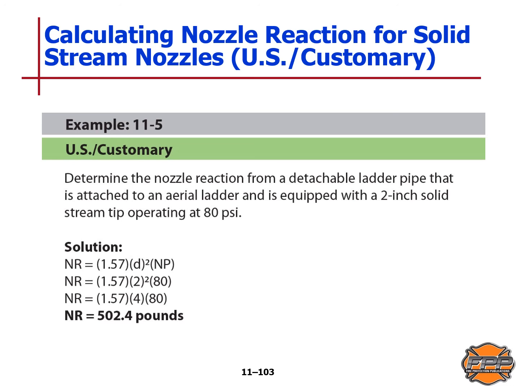Next line, you plug in your values. Nozzle reaction equals 1.57, your constant, times 2 because it's a 2-inch stream tip, squared, times 80 because it's 80 psi. You factor that out. Your next line gives you 1.57 times 4 times 80, and you multiply those together, and your solution is nozzle reaction is 502.4 pounds.